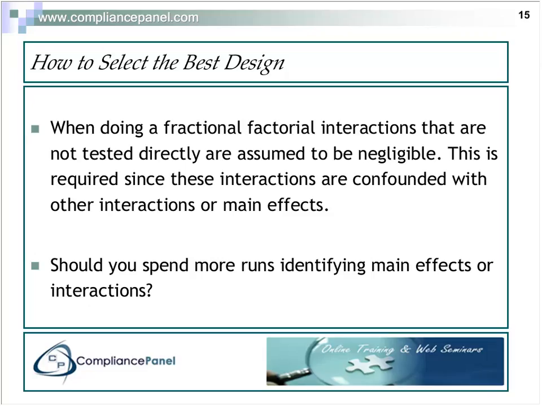And the last thing is, you've got to make a decision. Should you spend more runs identifying main effects or interactions? I will tell you, if anyone ever calls me and says, Stephen, I want you to come help us design experiments, I'm going to tell you to spend all of your time and effort understanding the interactions at the tail end of the experiment.